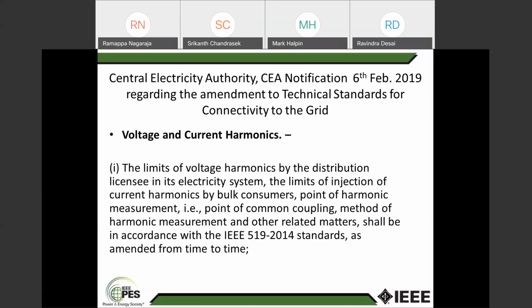This is the gazetted notification. Therefore, I think all the utility regulators, the state regulators, should adopt that, so that rather than having different voltage and current harmonic limits, they follow the IEEE 519-2014 standard only, which has been regulated by CEA in their 6th February 2019 amendment.